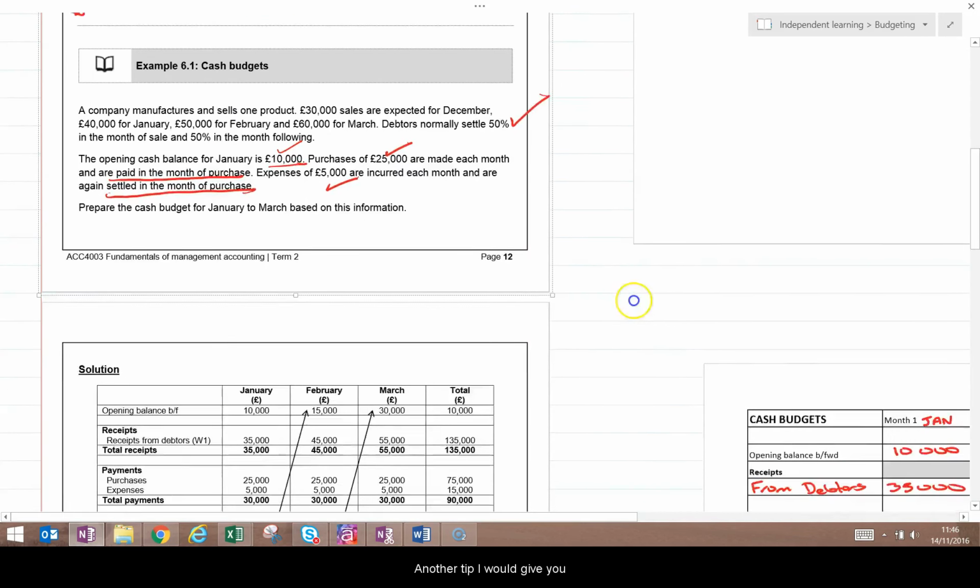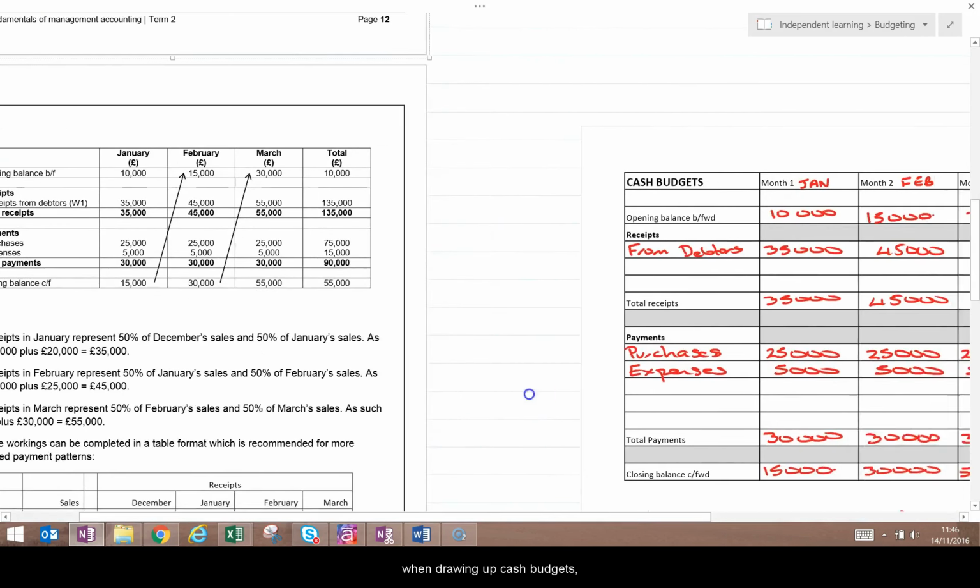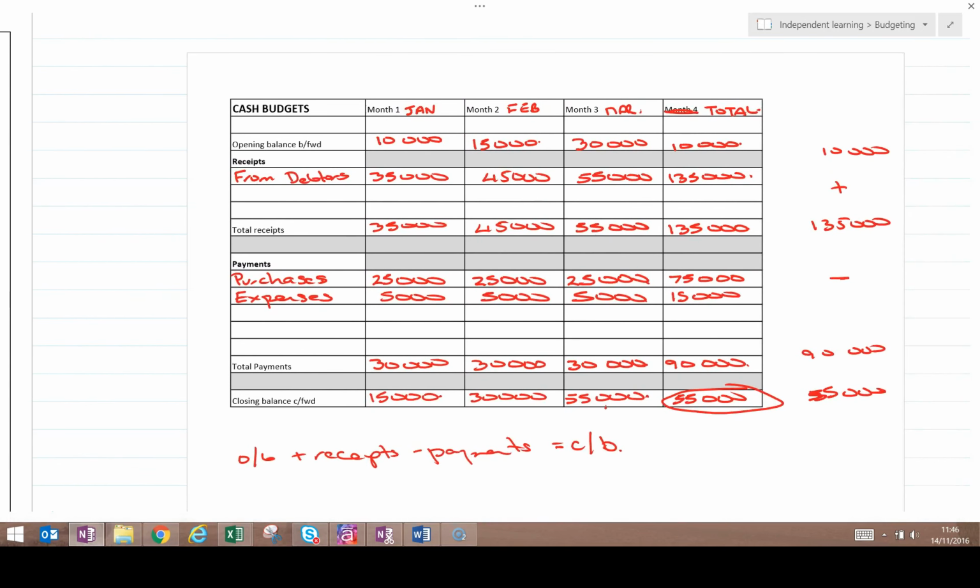Another tip I would give you when drawing up cash budgets, draw your layout, then put into the cash budget any figures that require no calculation. So for example, on this one we've just done, we were told that the purchases were £25,000 paid in the month of purchase, so they were very easy to write straight in.